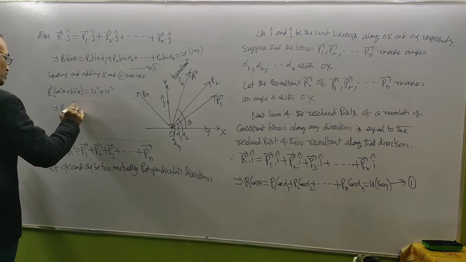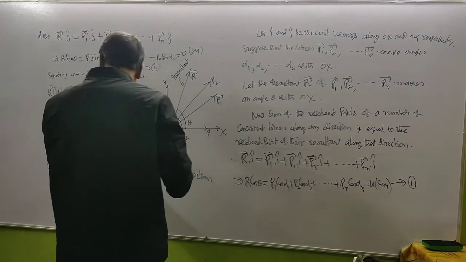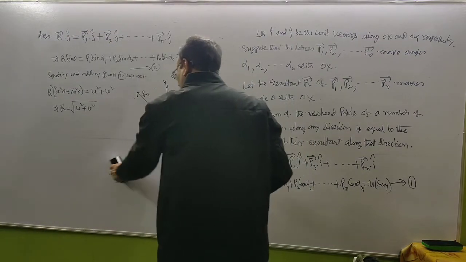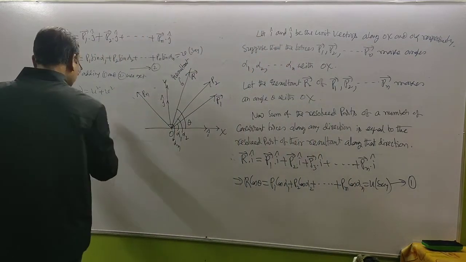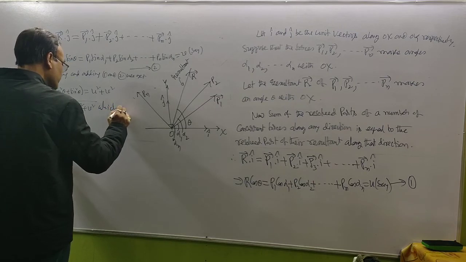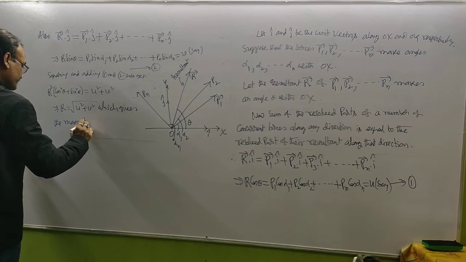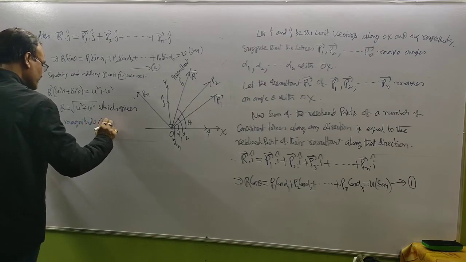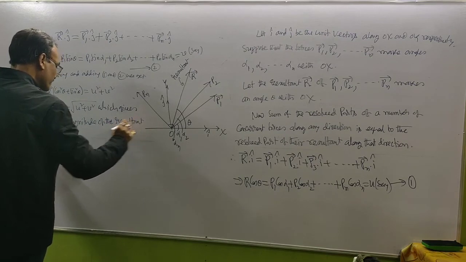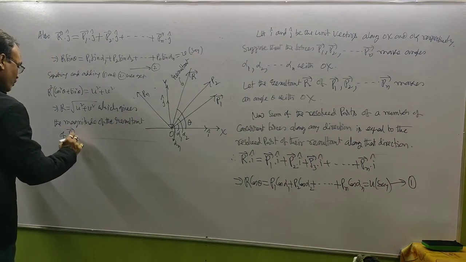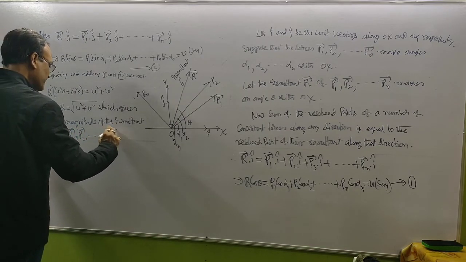This means R is equal to root over U square plus V square, which gives the magnitude of the resultant of P1, P2, P3 up to Pn.